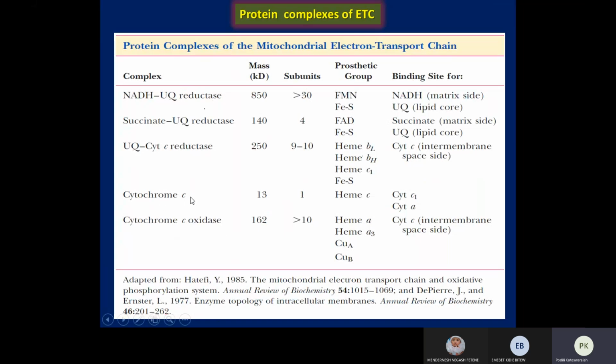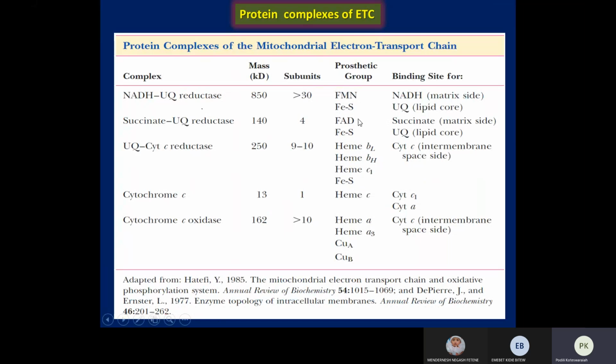And cytochrome C is a mobile electron carrier. You can also see here that all these complexes have several cofactors. For example, complex 1 has FMN as a cofactor, whereas complex 2 has FAD, whereas cytochrome C reductase has many heme proteins: heme BL, heme BH, heme C1.